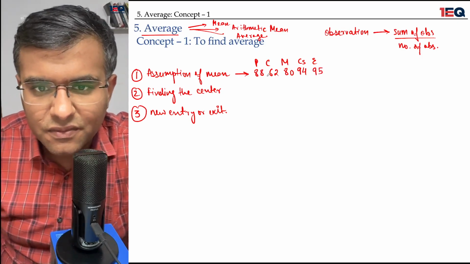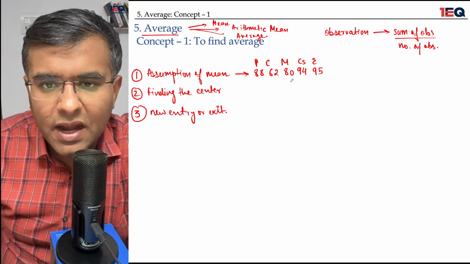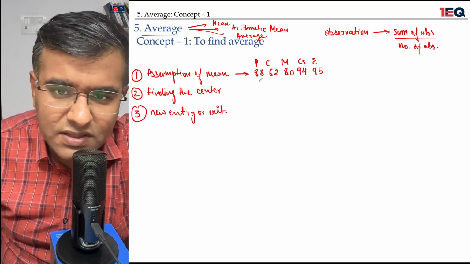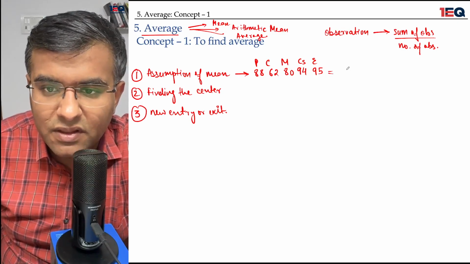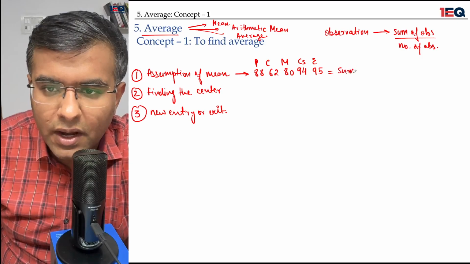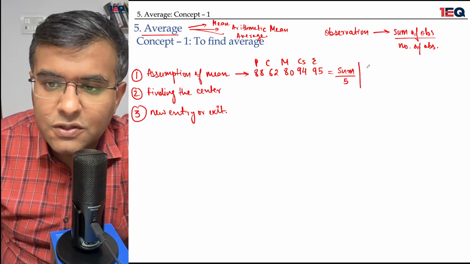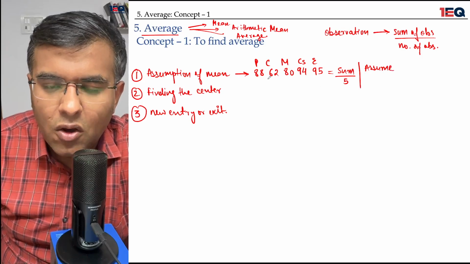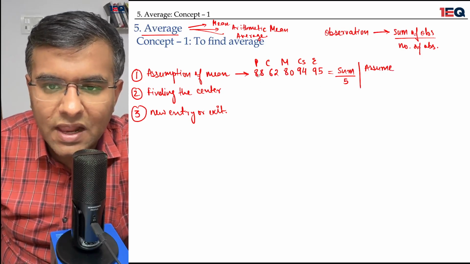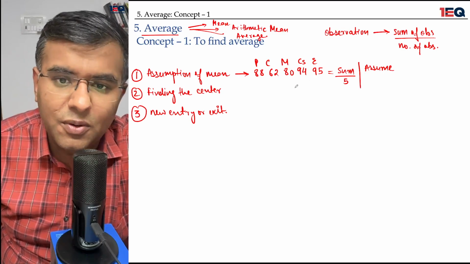So instead of summing all of them up and dividing by the total number of observations, which is 5, I will assume a number lying somewhere in the middle, and it is easy for me to calculate.